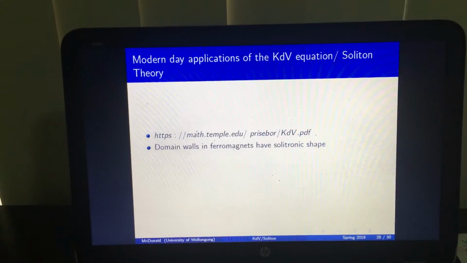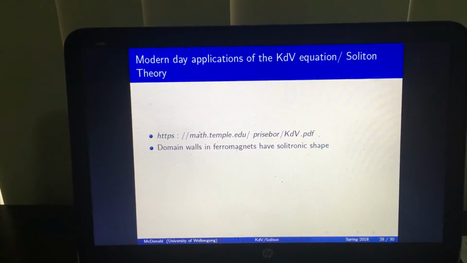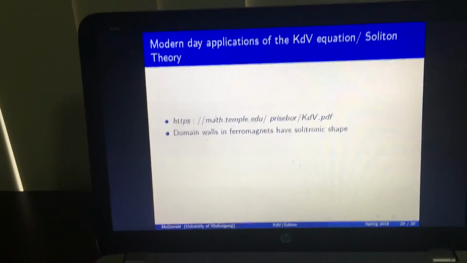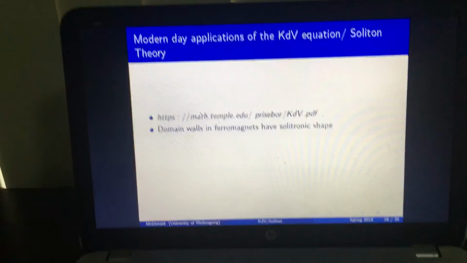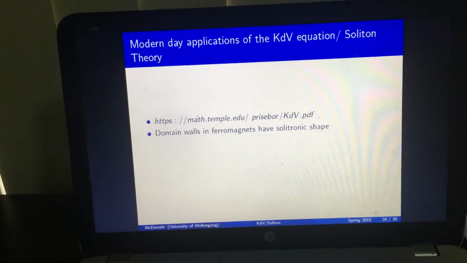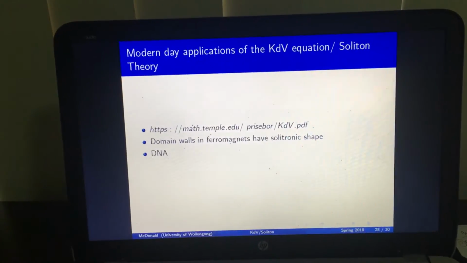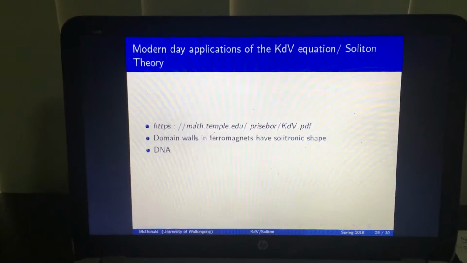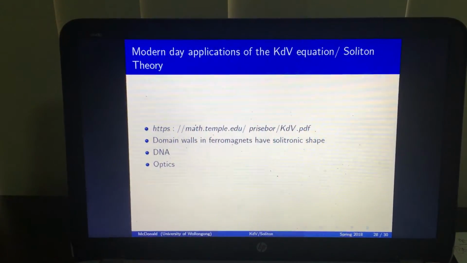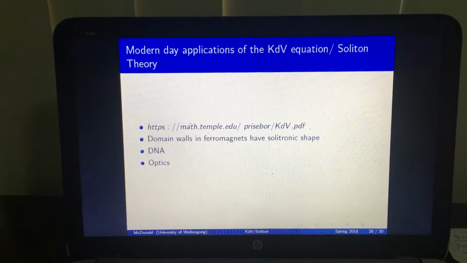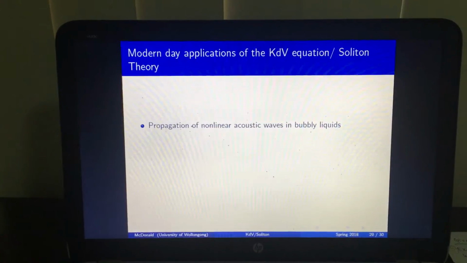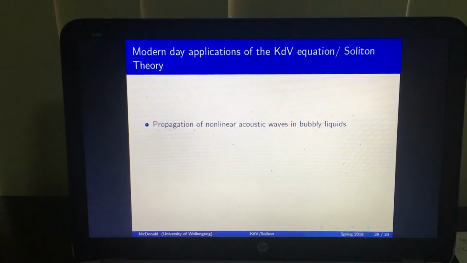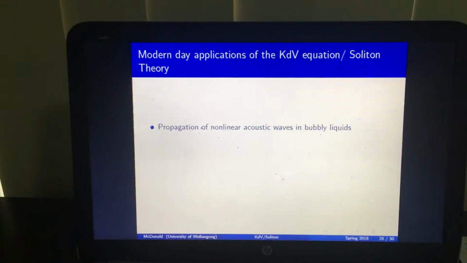So here are some more applications. Domain walls in ferromagnets have a solitonic shape. Indeed, many magnets relate heavily to soliton theory. Many biological molecules, DNA is a big one. It has many applications in the field of optics. The propagation of nonlinear acoustic waves in bubbly liquids.